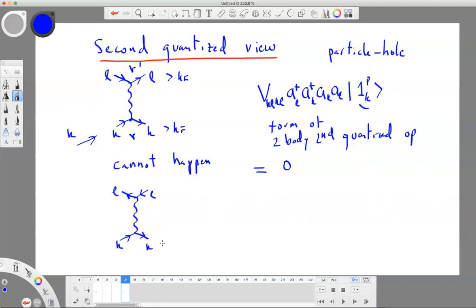Again, this is greater than KF. This is smaller than KF. And so we would have now the single particle state. We inject again one particle in state K, and now we're going to apply the generic operators.